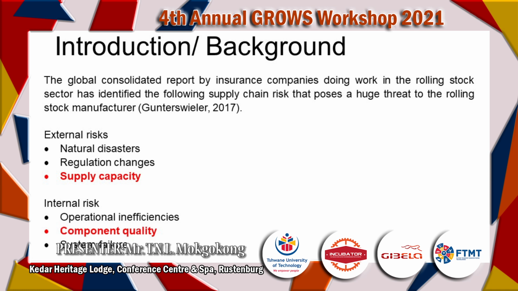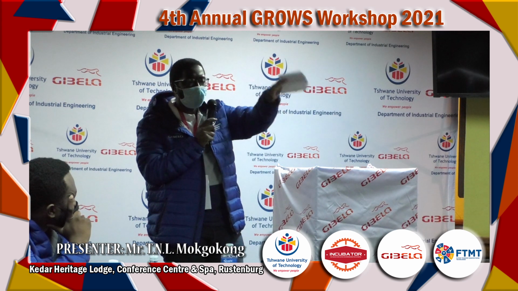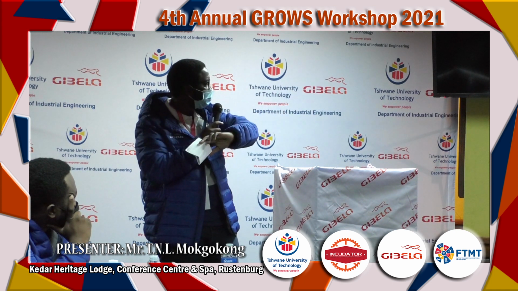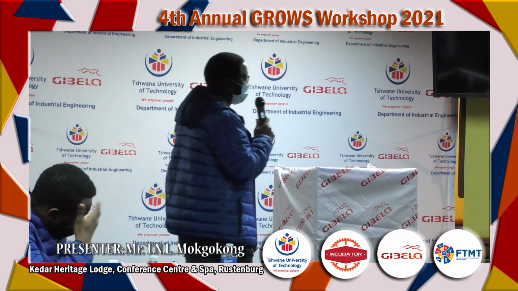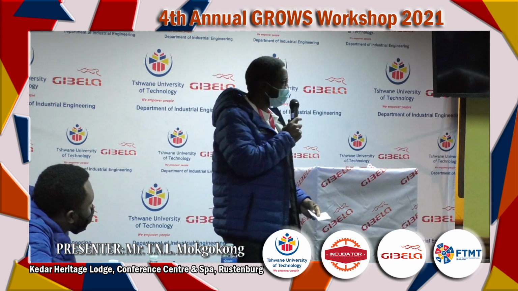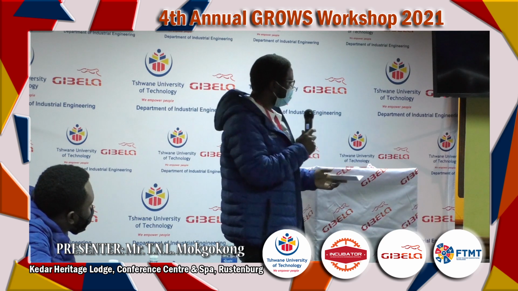We are going to concentrate on supplier capacity, which has been spoken about already, and also on component failure, because these risks cut across all the other domains I've mentioned.